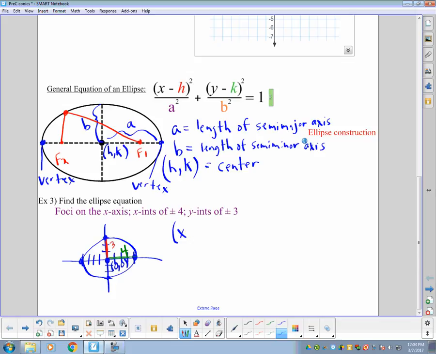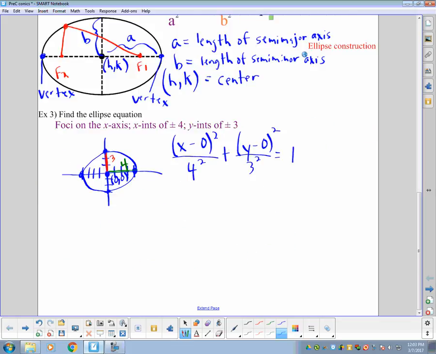I have x minus 0 squared over 4 squared plus y minus 0 squared over 3 squared equals 1. If I clean that up, I end up with x squared over 16 plus y squared over 9 equals 1. And that's the equation of my ellipse. That you probably did last year. Take a picture of an ellipse, find the equation of it. Did you talk about the geometric construction of it last year?